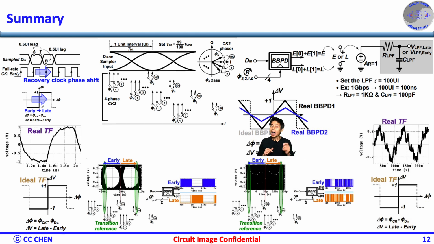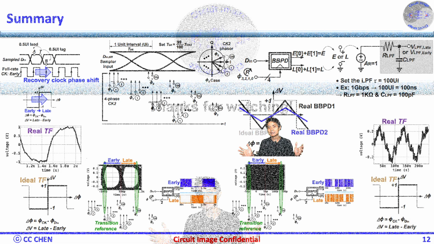Unfortunately, adding other impairments like the external DJ and RJ at the input and low input sensitivity, limited bandwidth, and high hysteresis of the sampler inside the bang-bang PD, the PD gain would degrade a lot. Therefore, running the bang-bang PD phase transfer function in the post layout SPICE netlist is a must. Capture the impacts of all the impairments to avoid any design oversize that could break the bang-bang PD's functionalities.